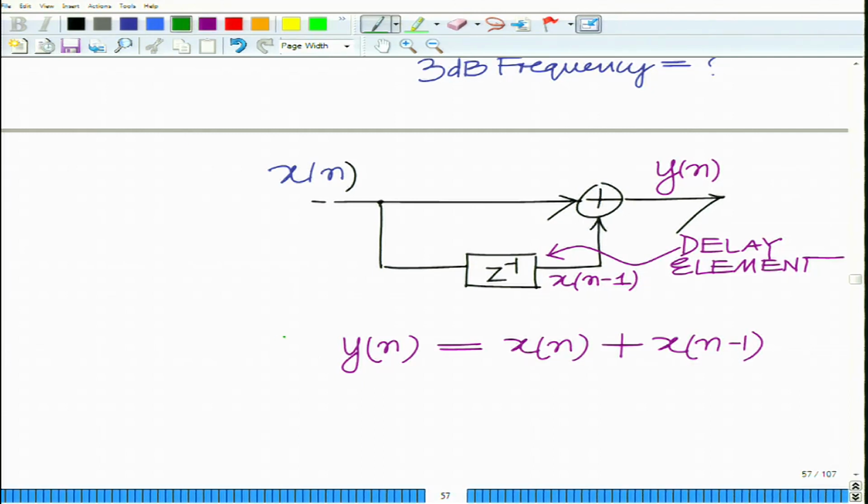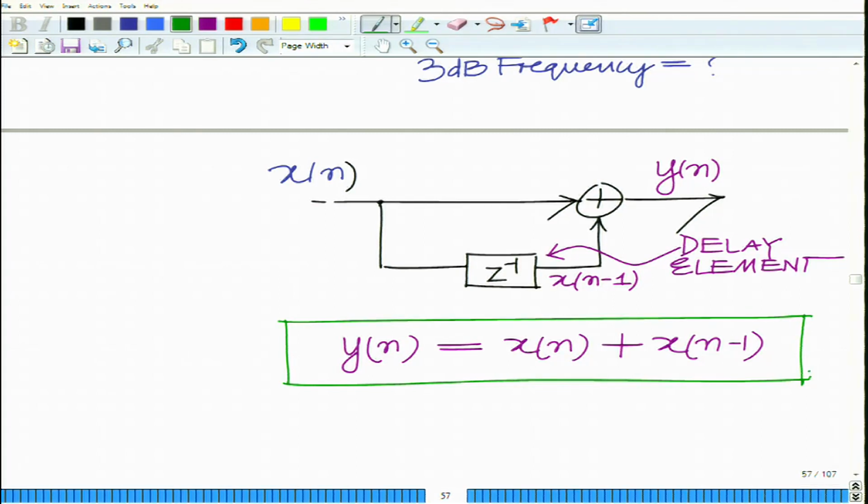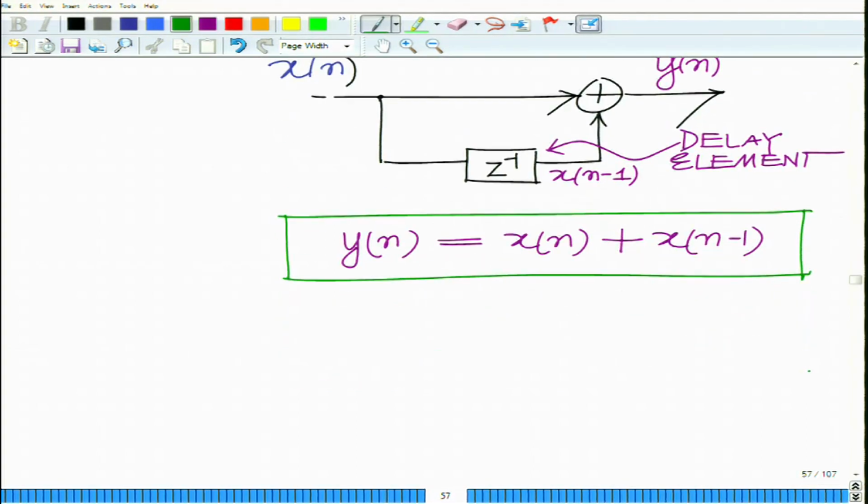So, this is the difference equation for the above system.